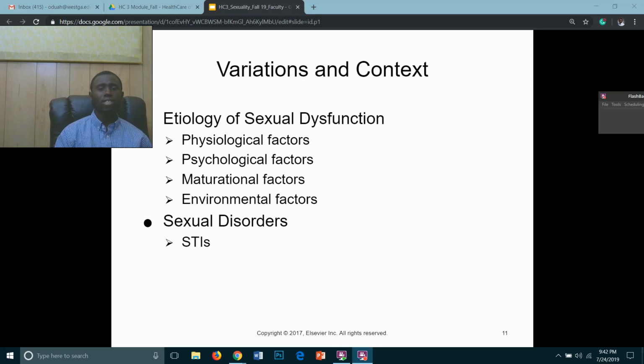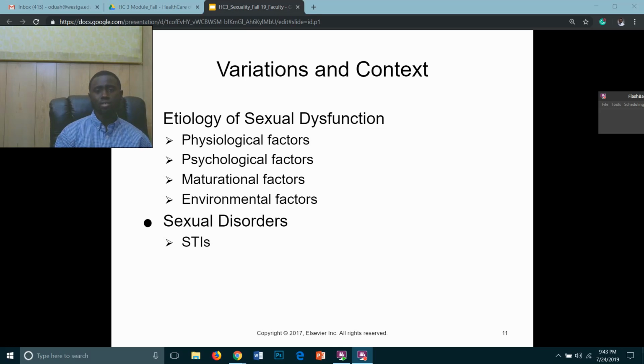For example, older women who are menopausal may have dryness of the genitals, and so they might not have pleasure in sexual activity. Also, alcohol and substance abuse are physiological conditions that can contribute to alterations in sexual function.